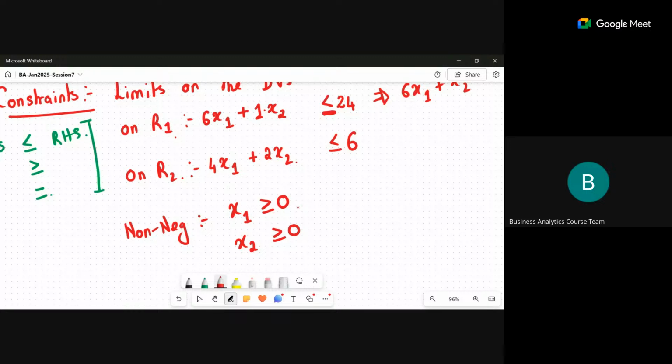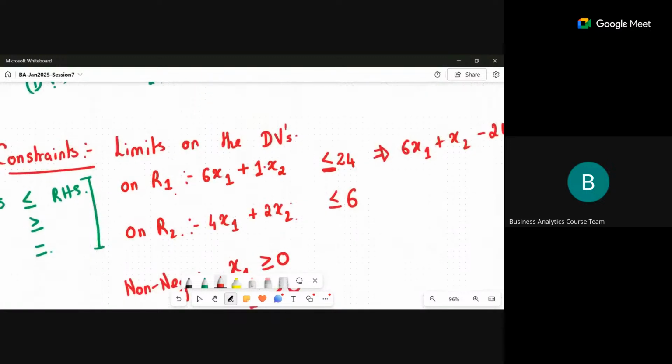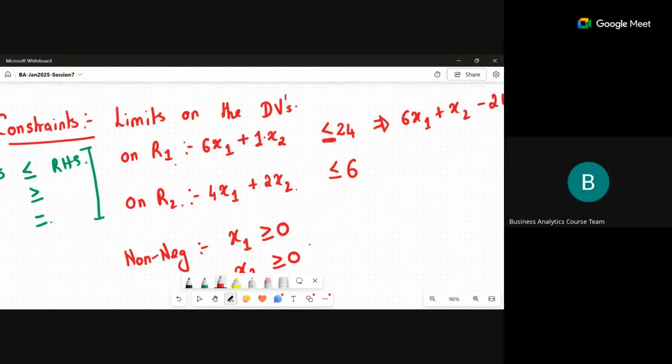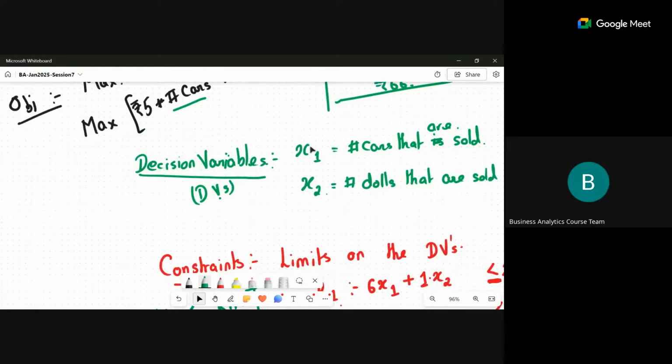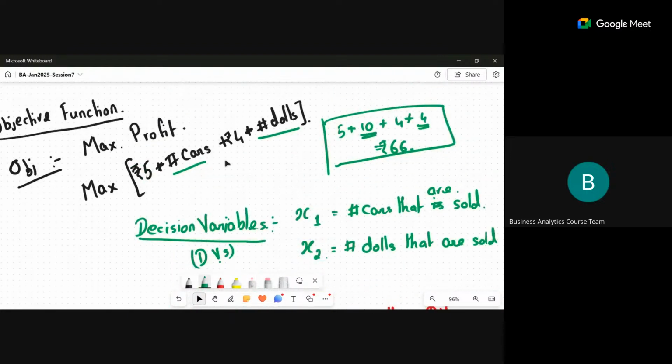They must be a number that is greater than or equal to 0. So now your entire problem has constraint number 1, constraint number 2. Usually these two are put together, and non-negativity on the variables is constraint number 3. So this problem has 3 constraints, 2 decision variables, and the objective of maximizing profit.